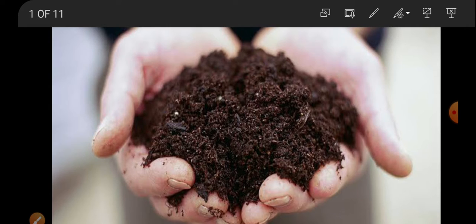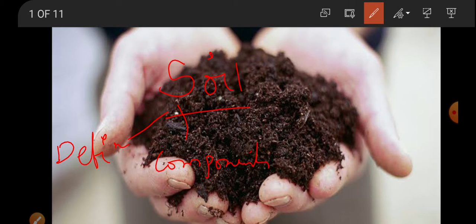Yes, absolutely. Our today's topic is soil. In today's soil lesson, we are going to learn a few concepts. At first, we learn what exactly soil is and what components are present in the soil, what the different uses of soil are, and then how the soil is getting polluted.